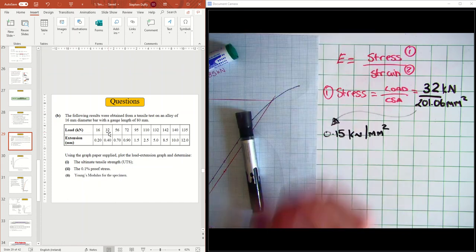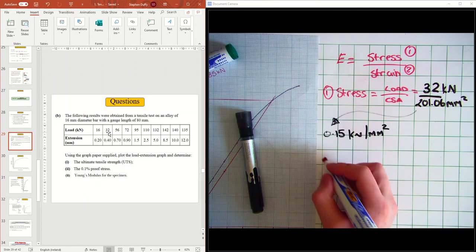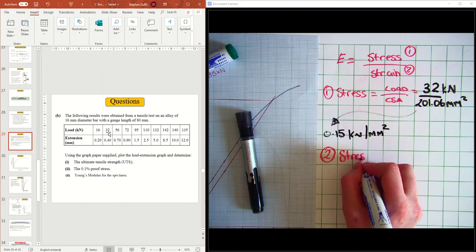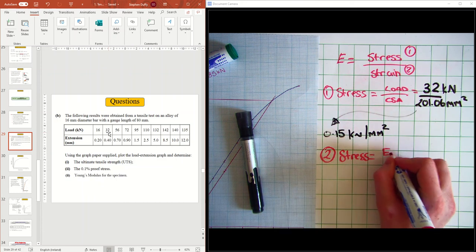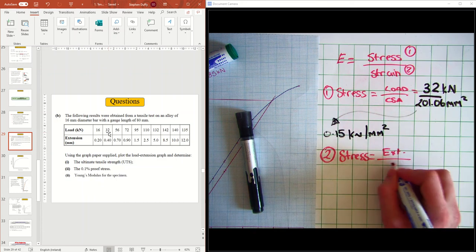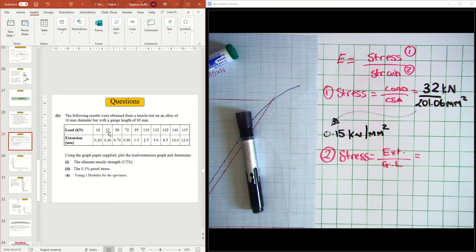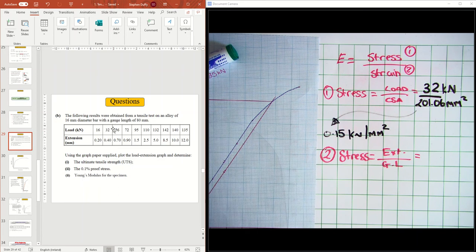So for part 2, I now need to get the strain. We said the strain was extension over the gauge length, so I'm going to call that GL for gauge length. What's the extension? We took the second point on the graph, so the extension in this case is 0.4 millimeters.